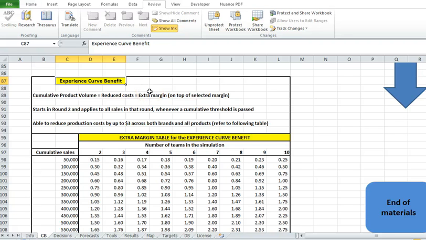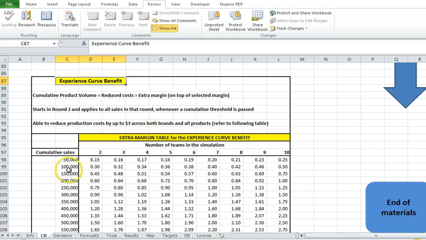The margin that you put in play is passed on to retailers, who then pass on the margin plus their margin to the end consumer. But this experience curve is actually representative of our reducing our costs over time. And you may reduce costs by up to $3 over time.